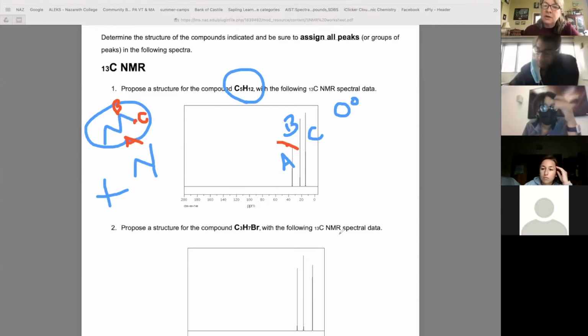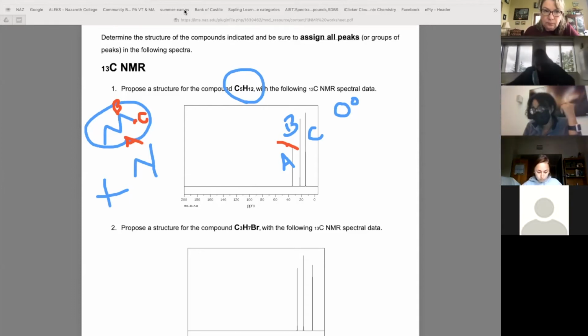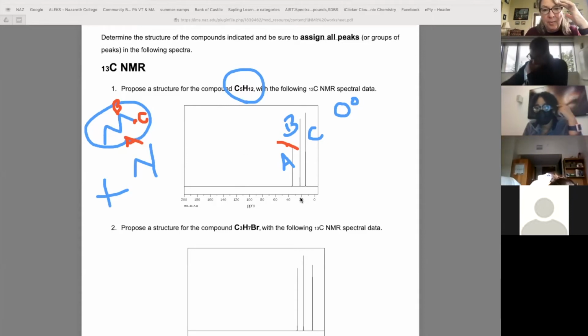I'm a little confused on that one. I know with the hydrogen NMR, with the signals, how do you do the carbon NMR? Carbon NMR is less informative and it's also so much easier.